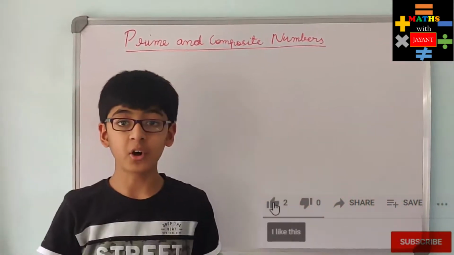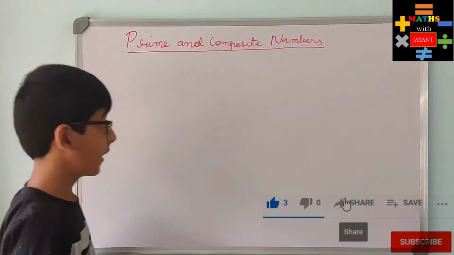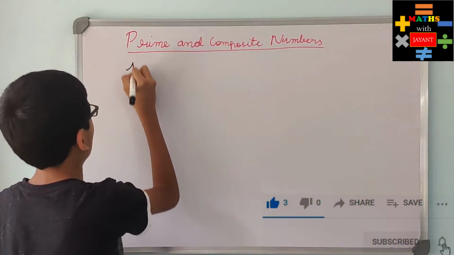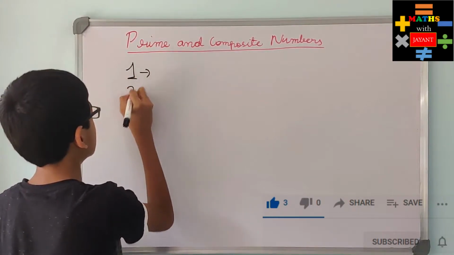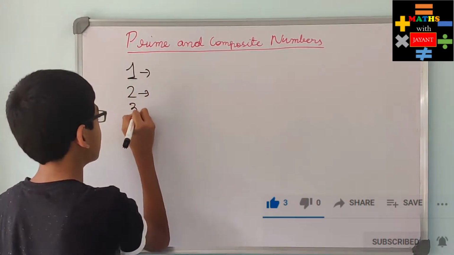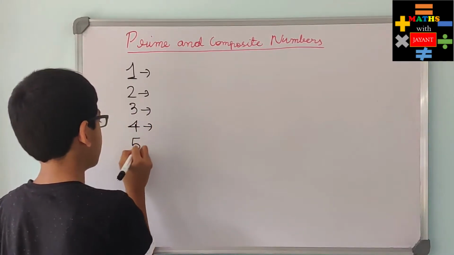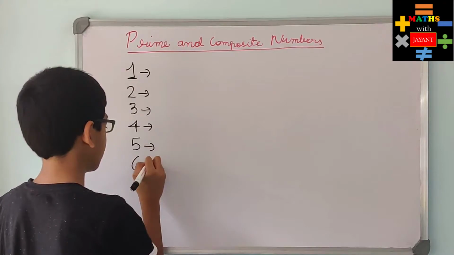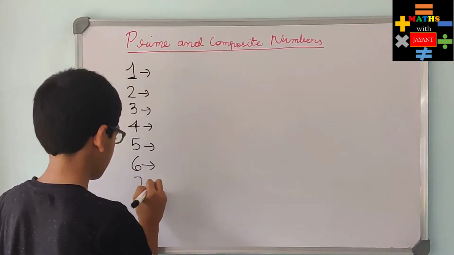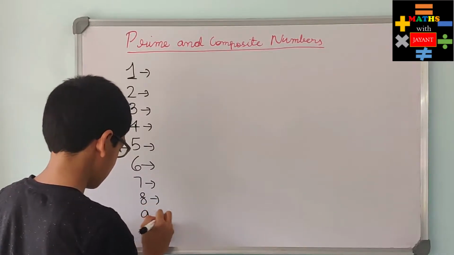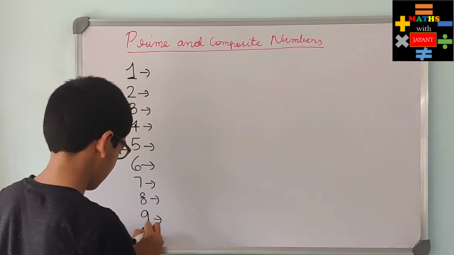Let's start with the concept. So, let us find the factors of 1, 2, 3, 4, 5, 6, 7, 8, 9 and 10.